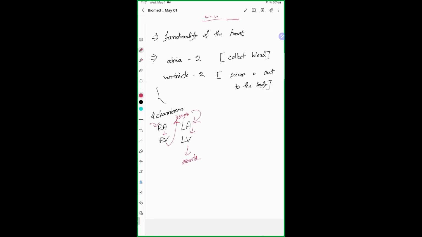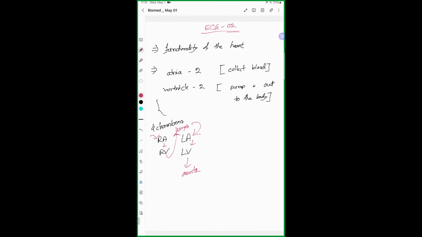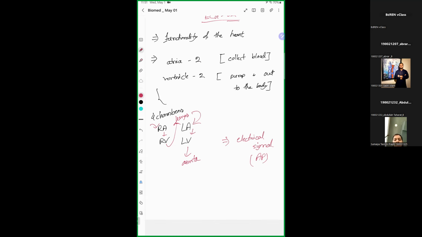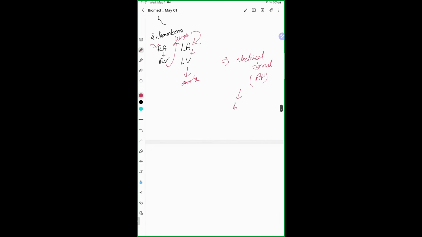That is the sequence, and these are initialized by an electrical signal, generated through some action potential in the heart cells. And in our ECG, we are recording this electrical activity.